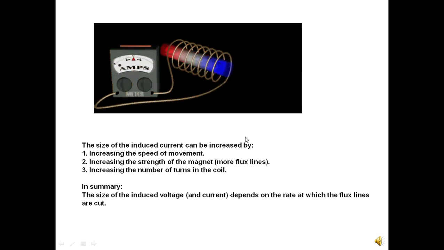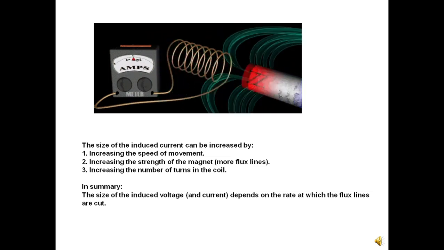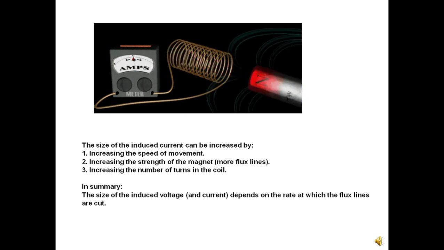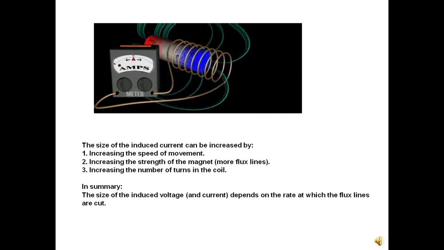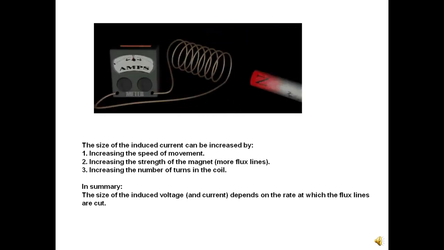bigger induced current. So it's all about the rate of change of the field through the coil, the rate of the cutting of field lines. So by having more turns in the coil, you're getting more cutting per second. By having more field lines per square centimeter around the magnet, you're getting more cutting per second.